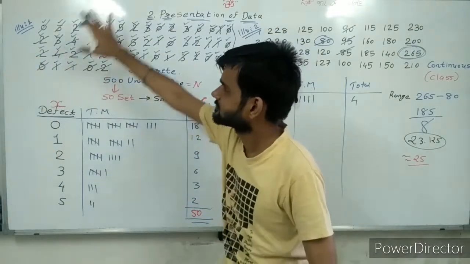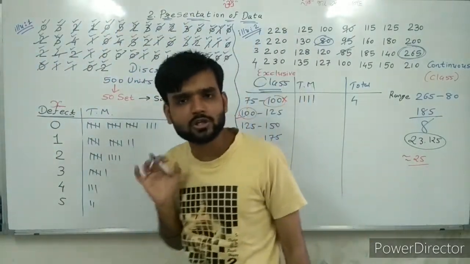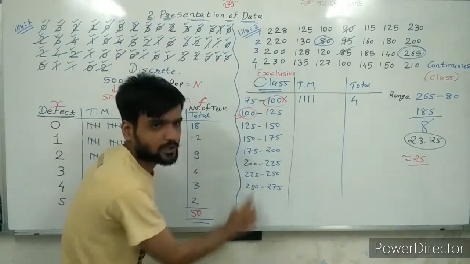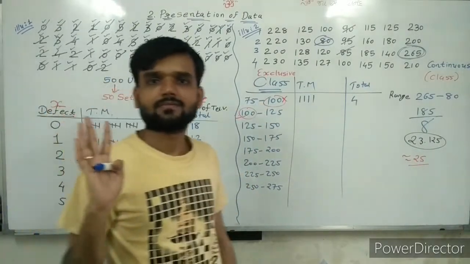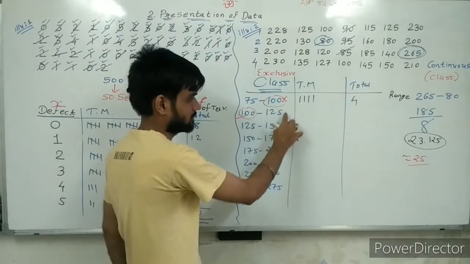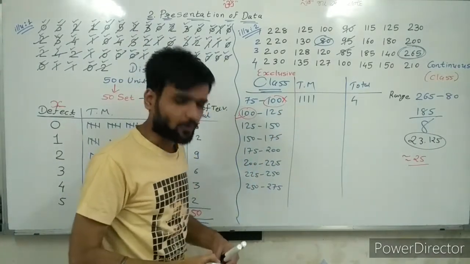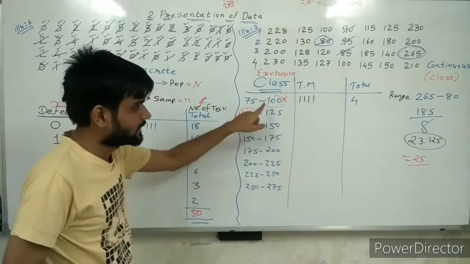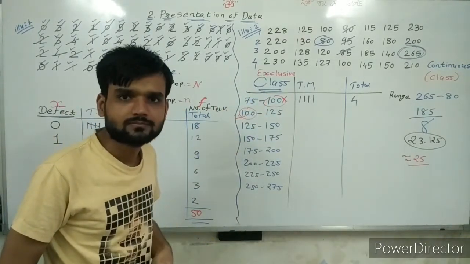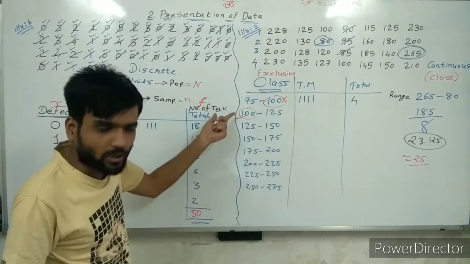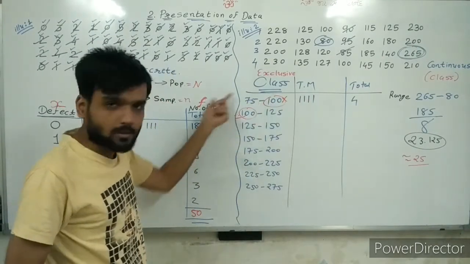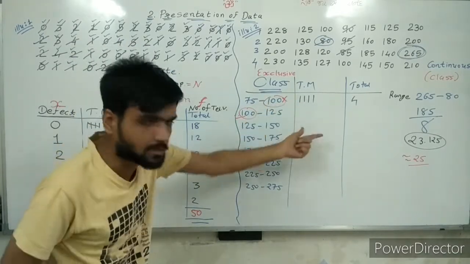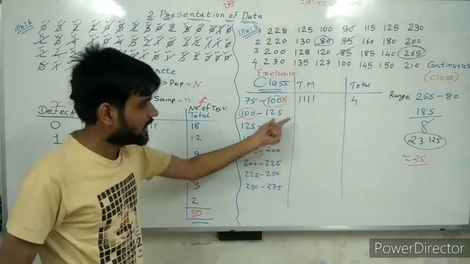Same like discrete frequency distribution. What is the new thing here? Exclusive frequency distribution. Now what is the name of this? This is lower value, this is upper value. So lower boundary, upper boundary, lower boundary, upper boundary.